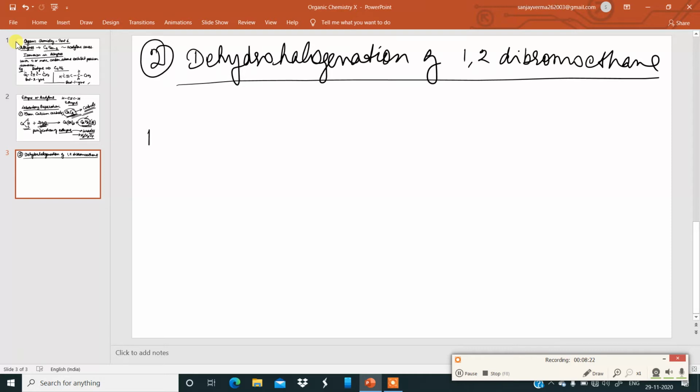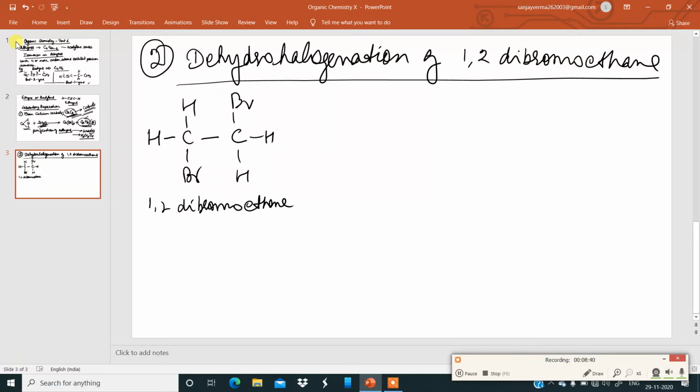So what I am doing is I am taking 1,2-dibromoethane like this, in this manner. BrHC. This compound is 1,2-dibromoethane. Okay. So this is reacted with alcoholic potassium hydroxide.